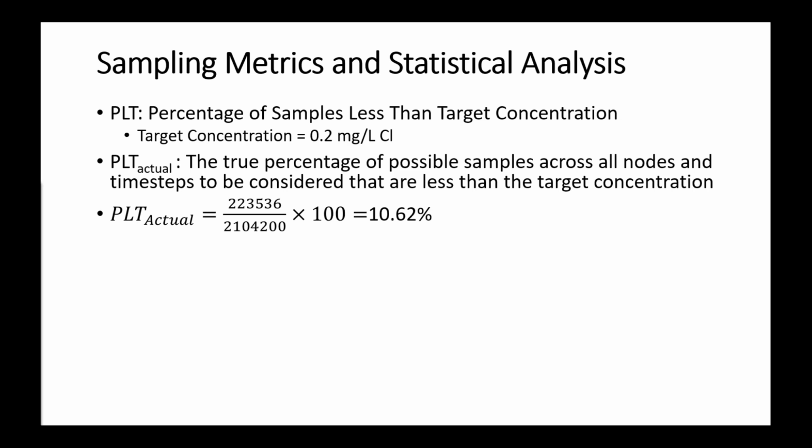That PLT value gets compared to what I'll call a true PLT, or PLT actual value, which is the true percentage of possible samples that could be taken across any point in the network being considered, across any time step that could be considered, that is less than the target concentration.